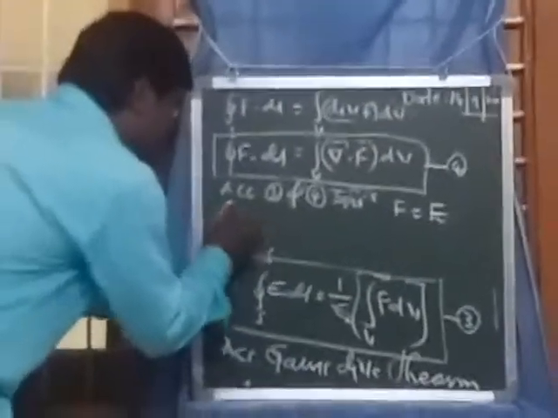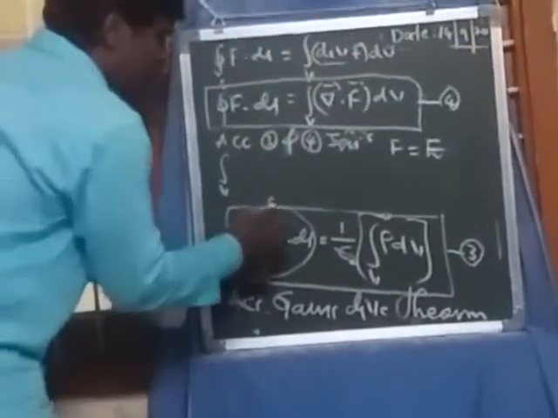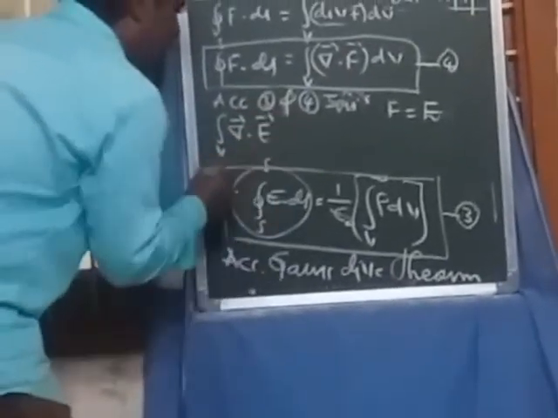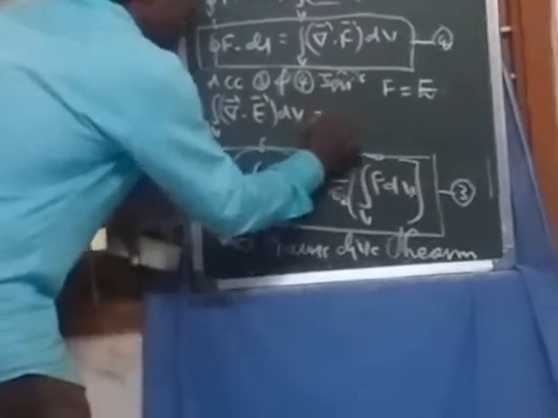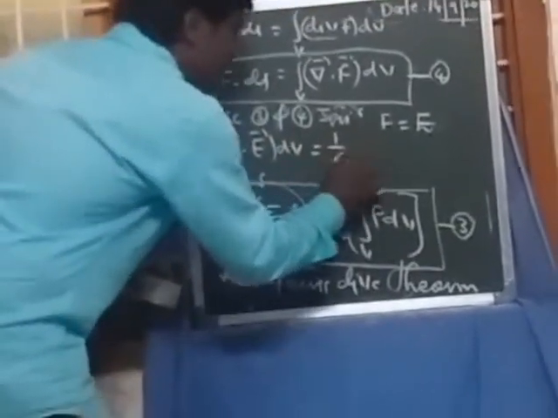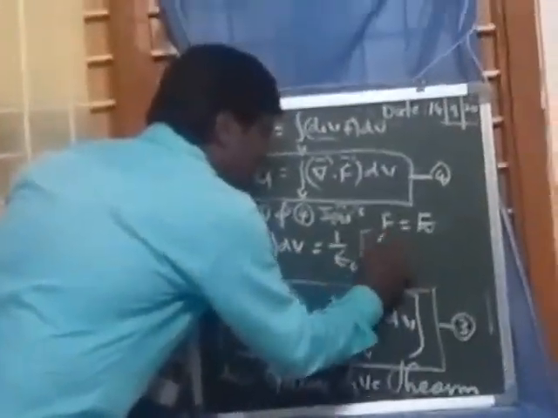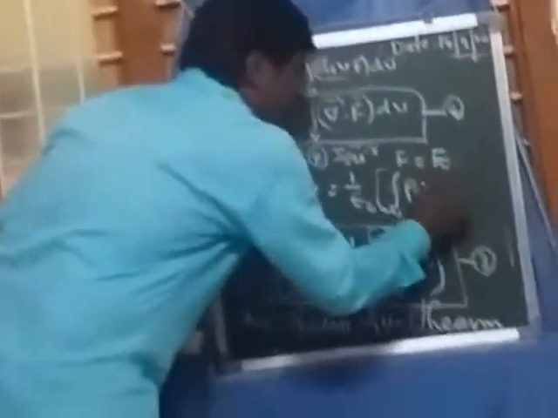From these equations, we can write the volume integral over V of del dot E dv equal to 1 by epsilon naught times the volume integral over V of rho dv.